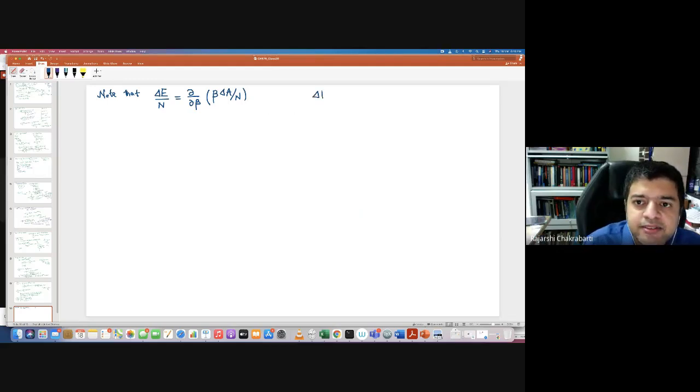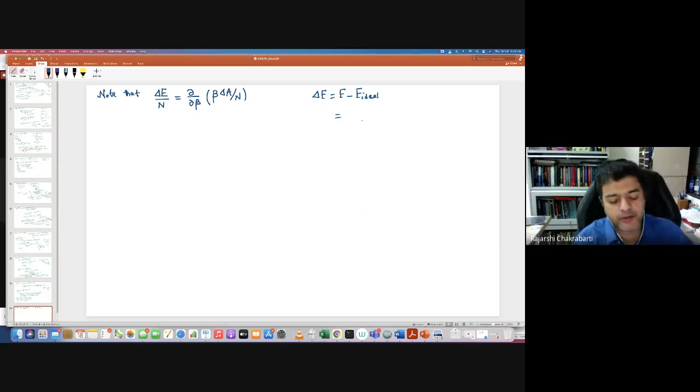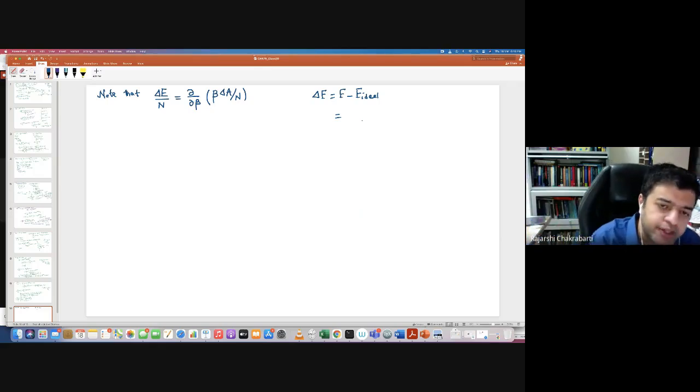Delta E is something like your system minus your ideal gas system when there is no interaction. So I'm just thinking of a situation, I have an ideal gas kind of thing, no interaction, and then I turn on the interaction. Then what is the change in internal energy? In that case, since I do it very slowly, reversibly, delta E has to be equal to delta A, because entropy change here is 0.